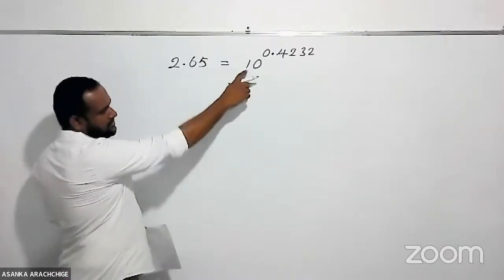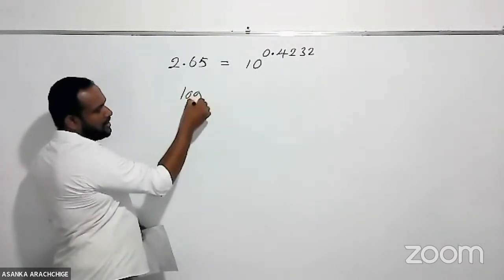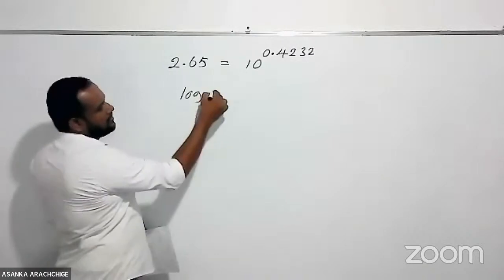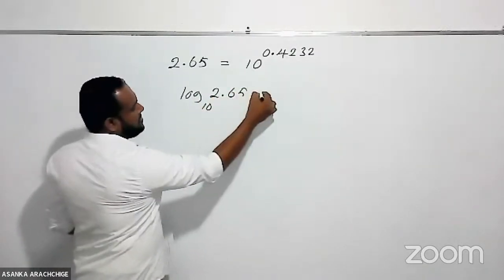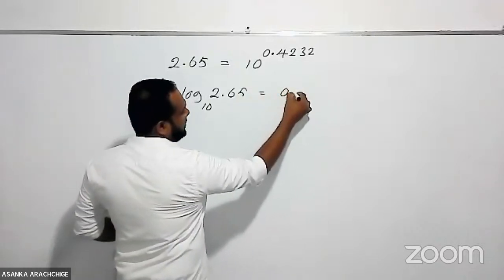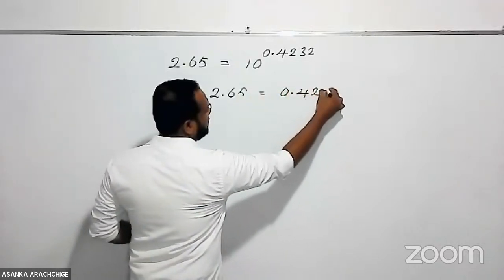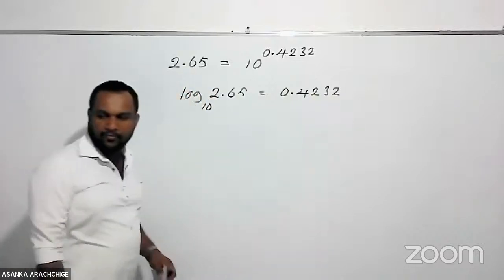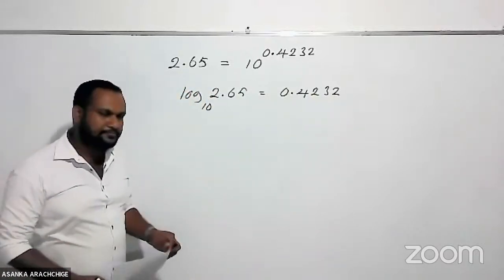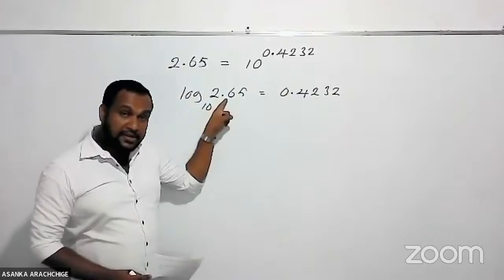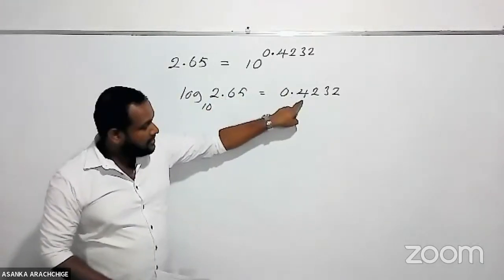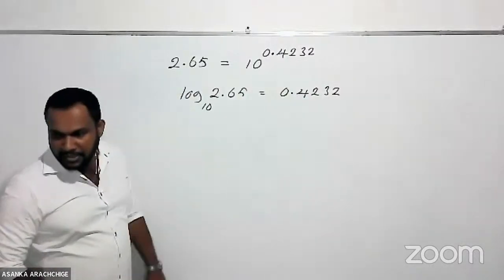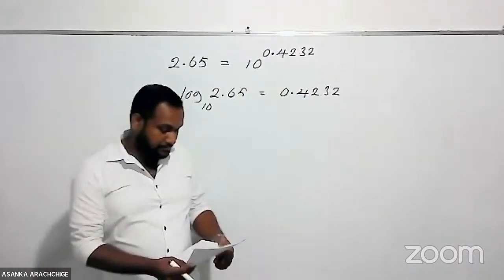The base is 10, therefore, logarithm of 2.65 to the base 10 is 0.4232. Clear? Which means if this is written as a power of 10, the index of that power of 10 is 0.4232.